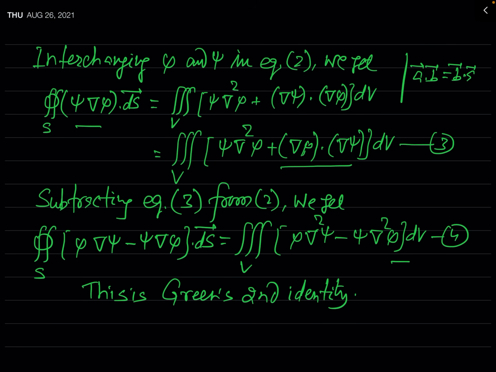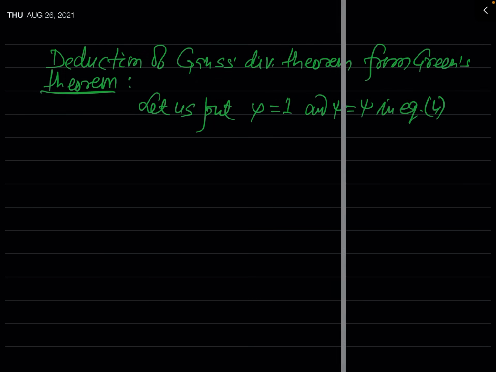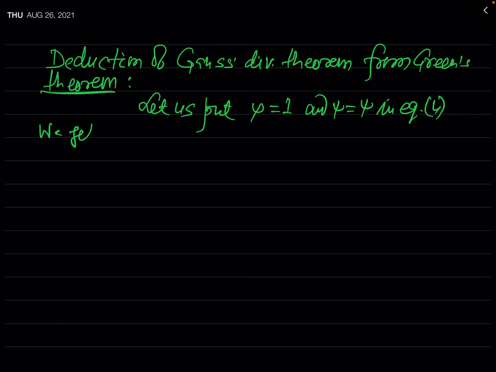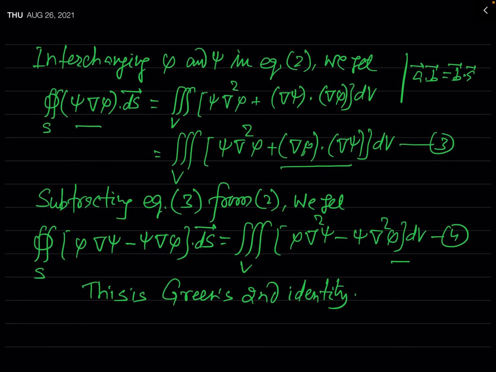You can see in this equation we will substitute phi by 1 and psi will remain as it is. We get, you can see here, phi is 1, so here will be 1 and only del psi will remain here. Since phi is 1, that is constant, so del phi will be 0.